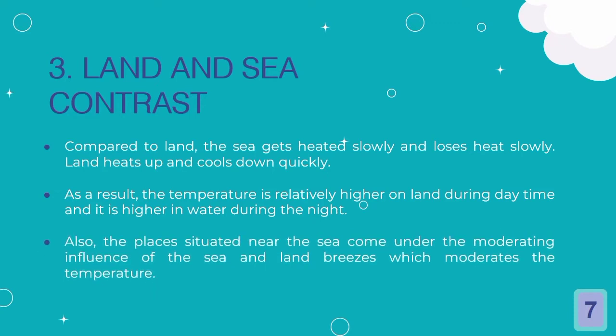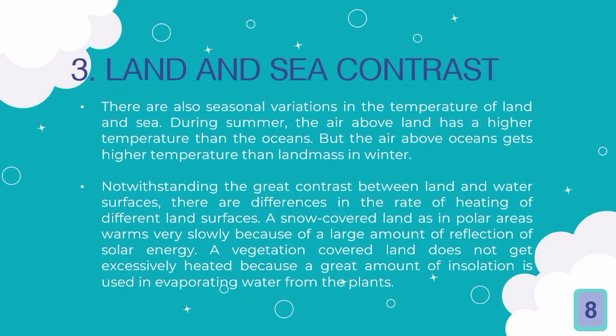Also, the places situated near the sea come under the moderating influence of the sea and land breezes which moderates the temperature. There are also seasonal variations in the temperature of land and sea. During summer, the air above land has a higher temperature than the oceans, but the air above oceans gets higher temperature than landmass in winter.